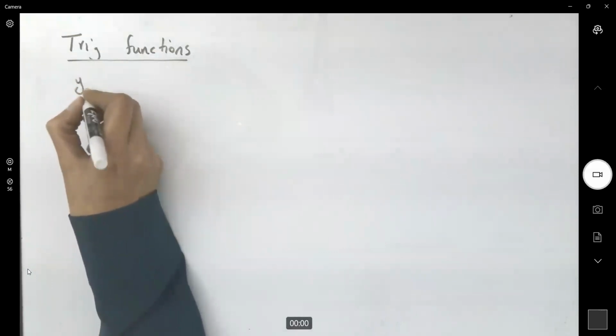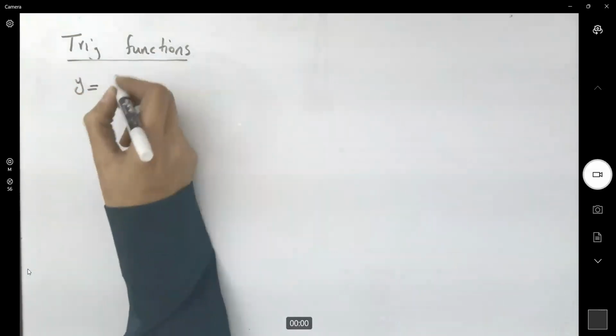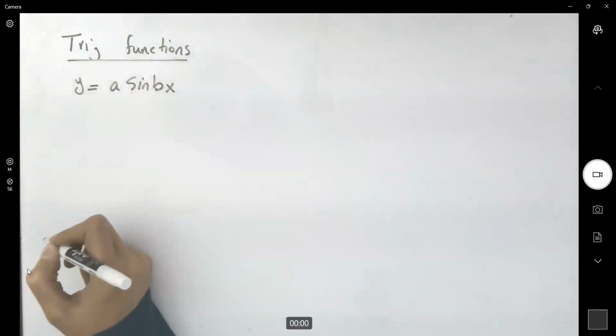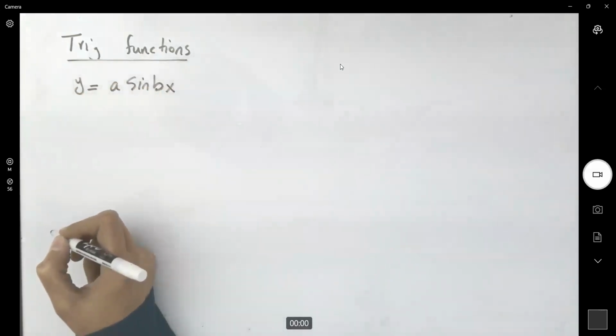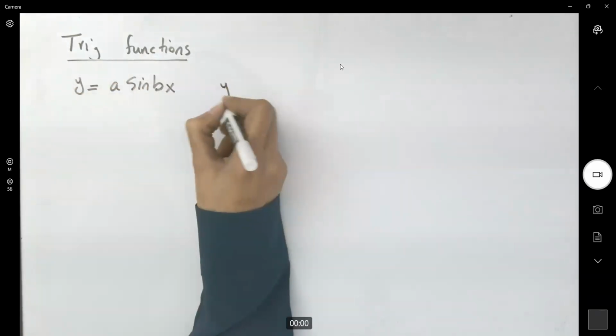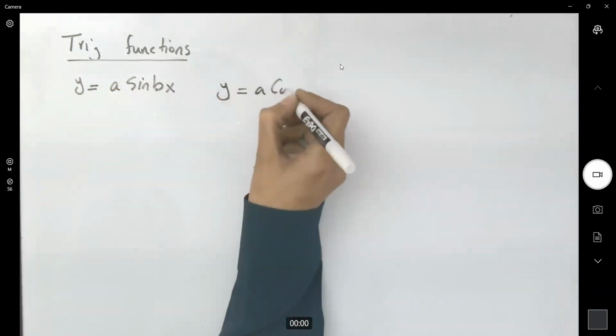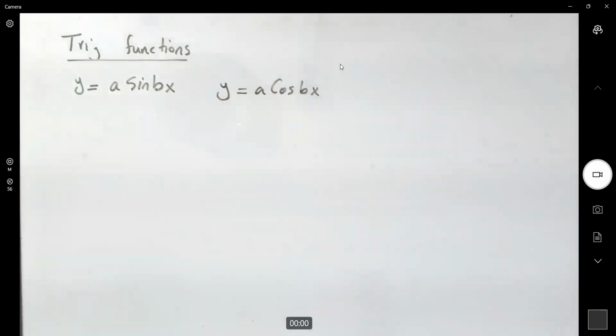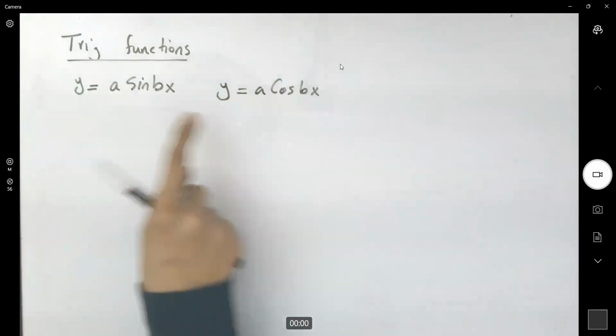defined as y equals a sine dx, or if it's written as y equals a cosine dx, then we can define the period and also the amplitude for these two functions.